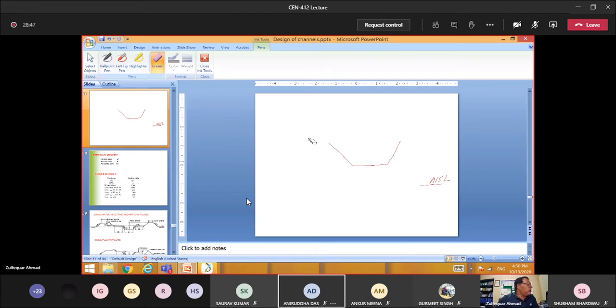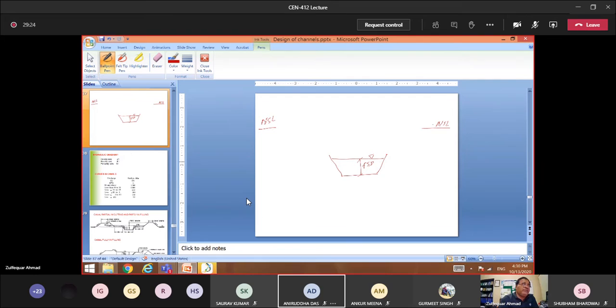Otherwise, take the NSL somewhere here, and the canal is in deep cutting. The canal section that is required is like this. This one is the full supply depth, and you have this canal. Now this is to be joined with the NSL, right?